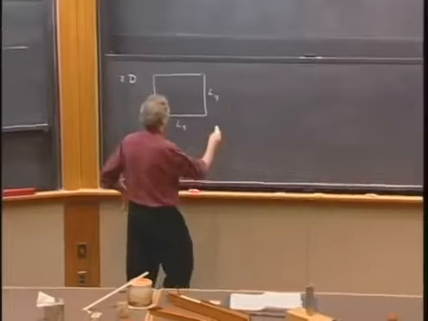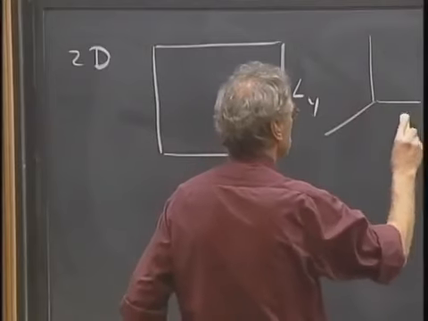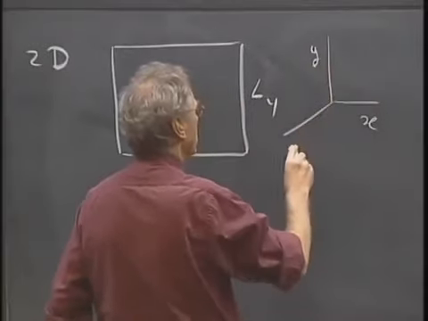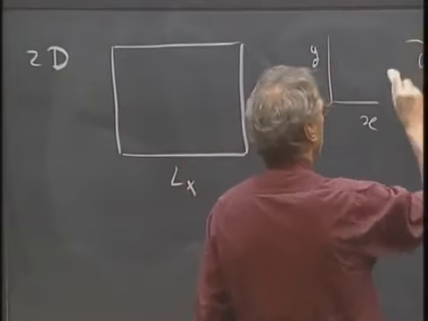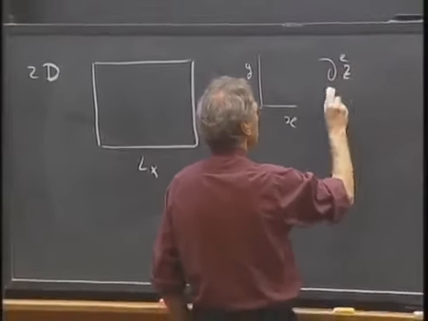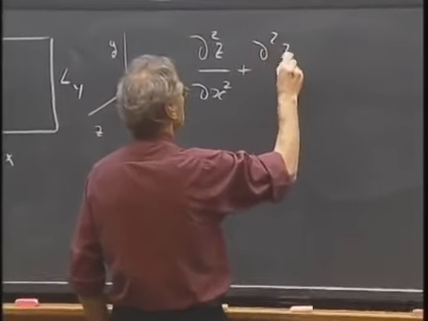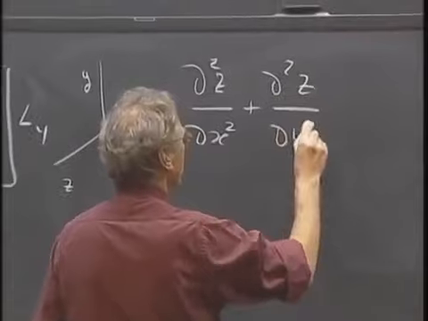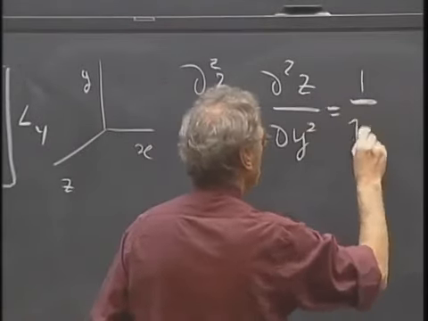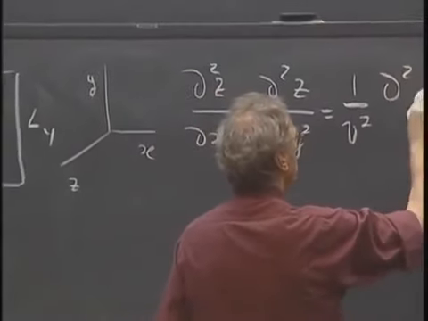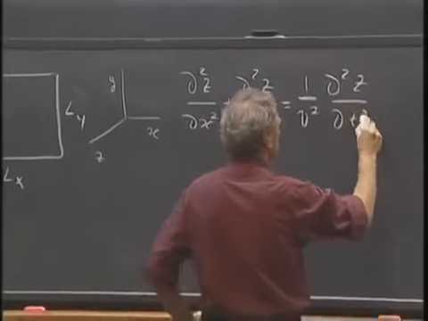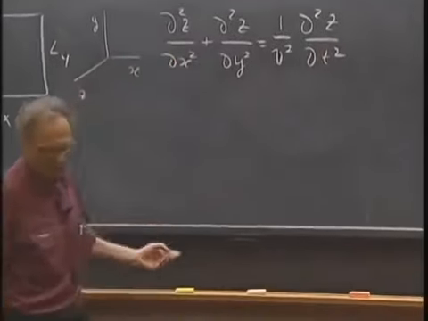So now our one-dimensional wave equation becomes a two-dimensional wave equation. And so if this is my coordinate system, x, y, z, then now we get that d2z dx squared plus d2z dy squared is now 1 over v squared times d2z dt squared. That now is a two-dimensional wave equation.